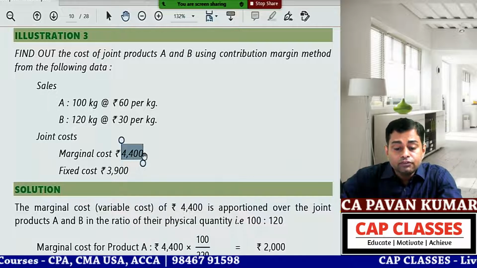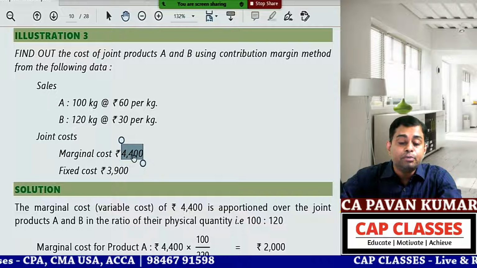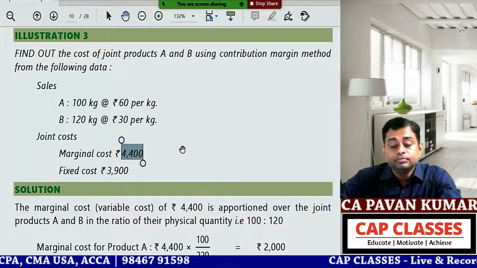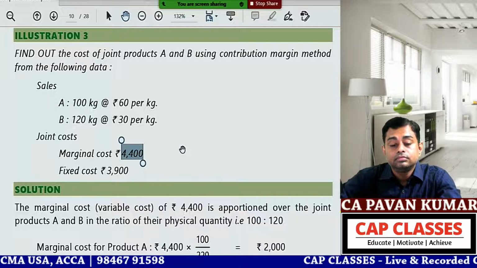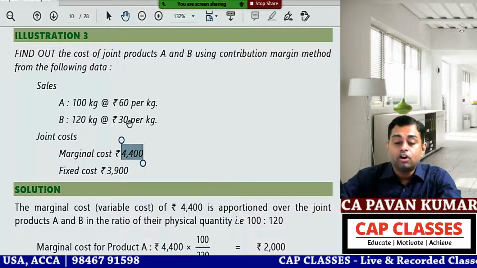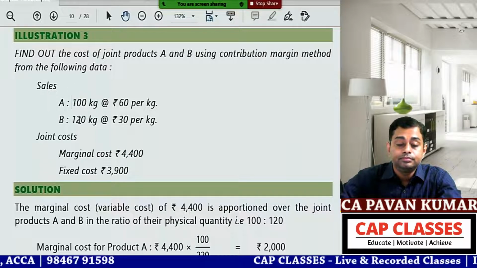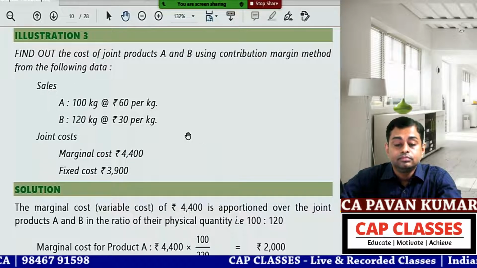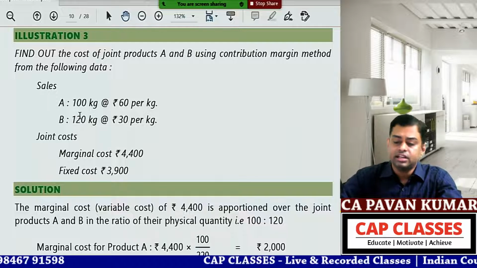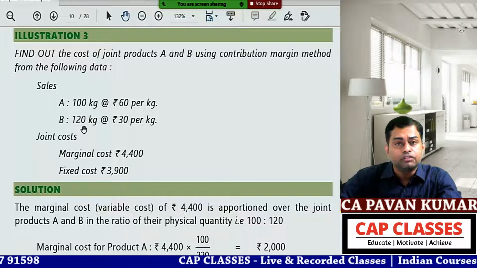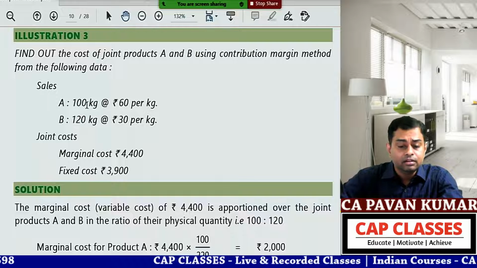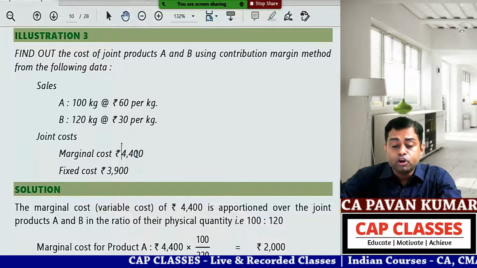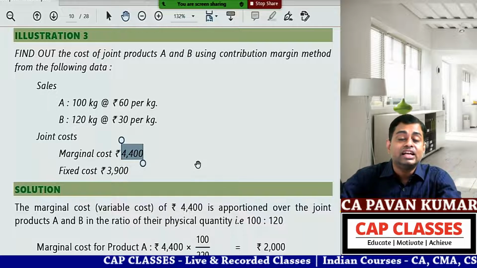So this 4,400, Ramya, tell me, how should we apportion this 4,400? On the basis of physical quantity, sir. Yes. What is the ratio of physical quantity? 100:120 or 10:12 or 5:6. Correct? So guys, apportion 4,400 in 5:6 and tell me.